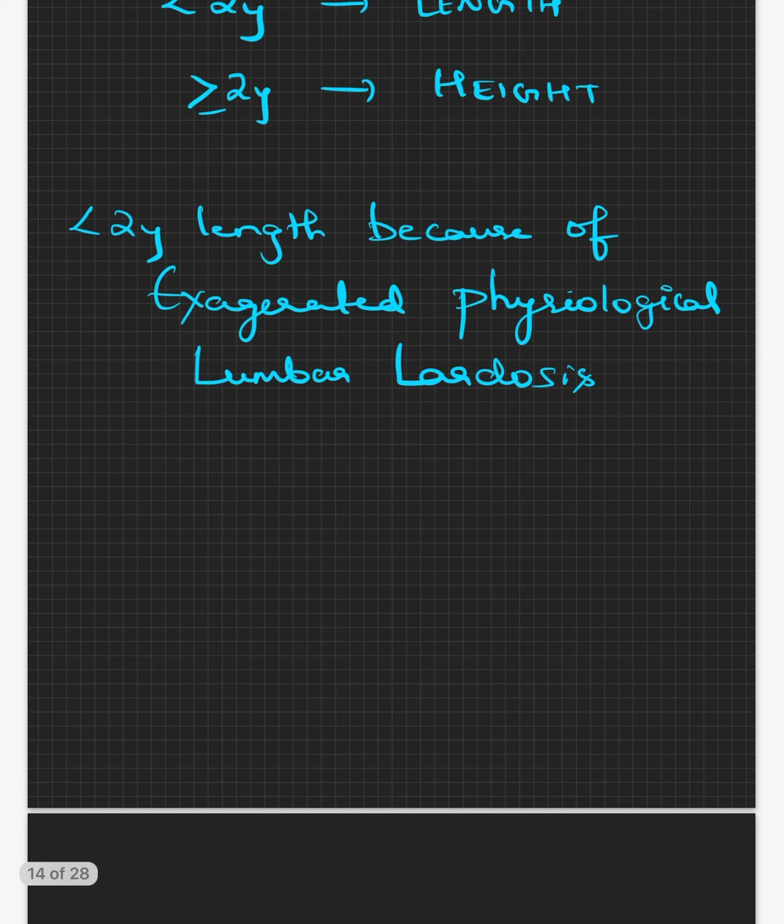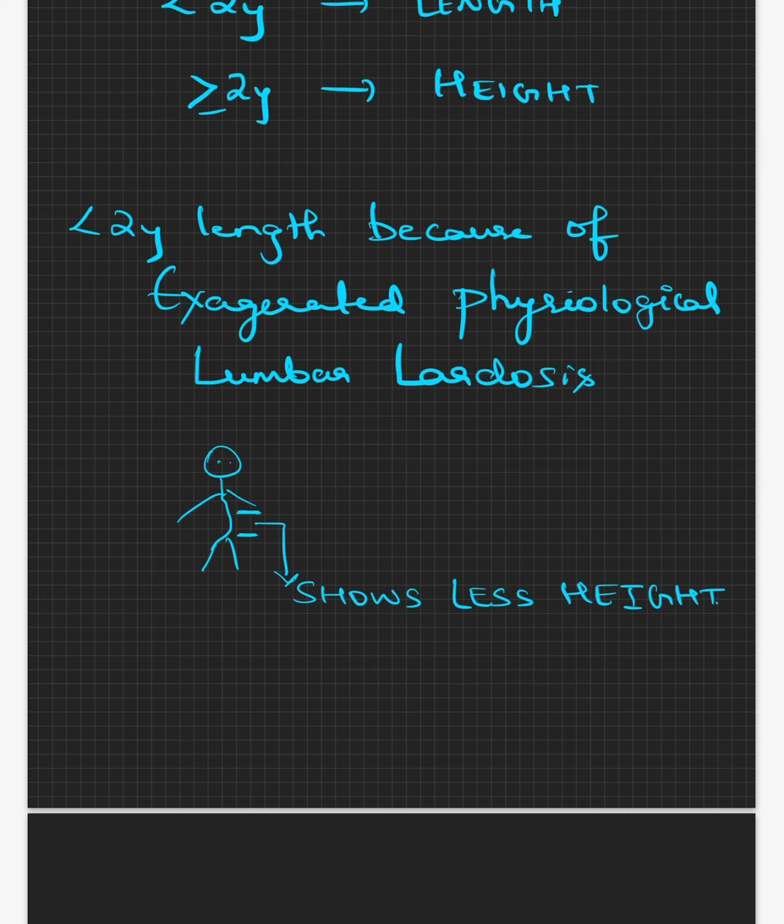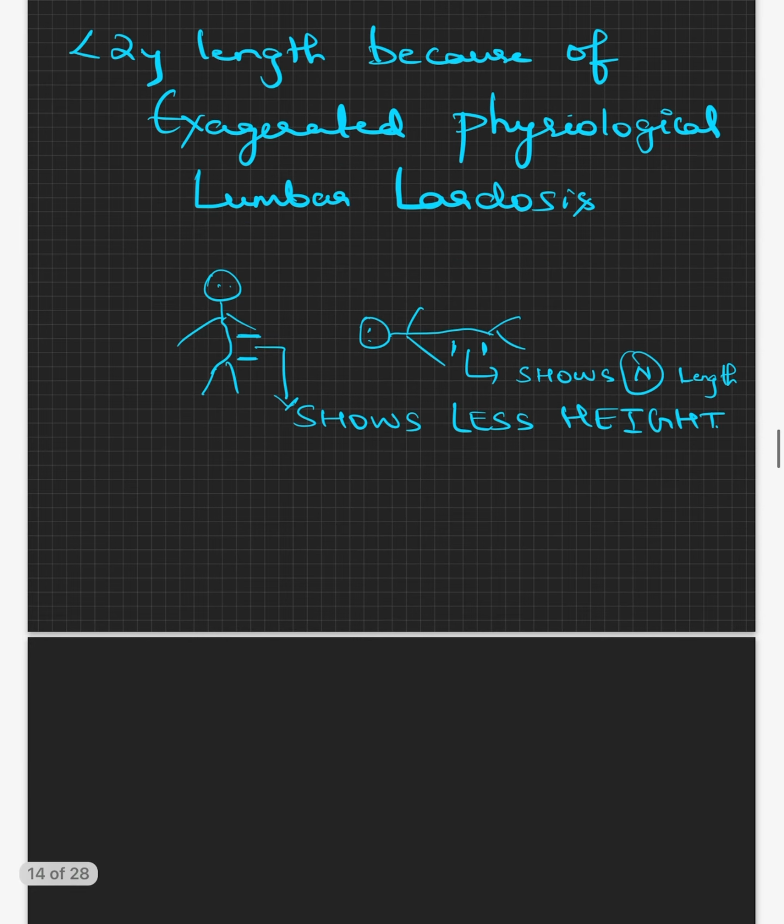If we measure height for a child less than 2 years, because of lumbar lordosis we get a height smaller than the actual height. So we measure length, which shows the normal length. Getting it right? So till 2 years we measure length because of exaggerated physiological lumbar lordosis.